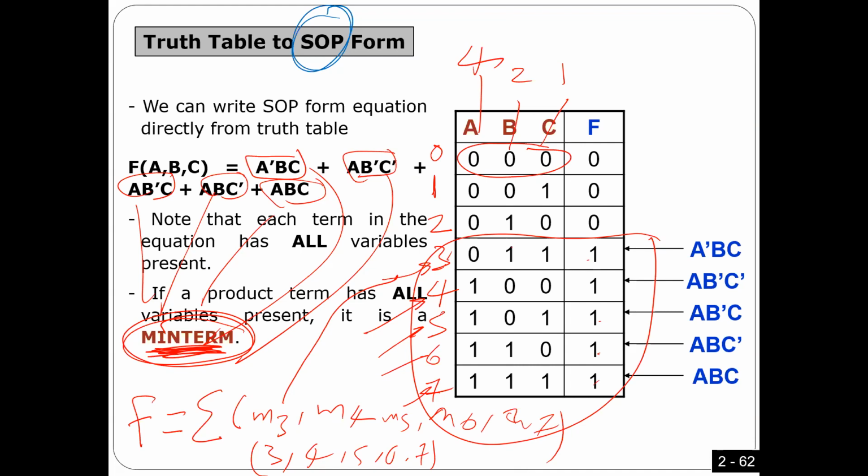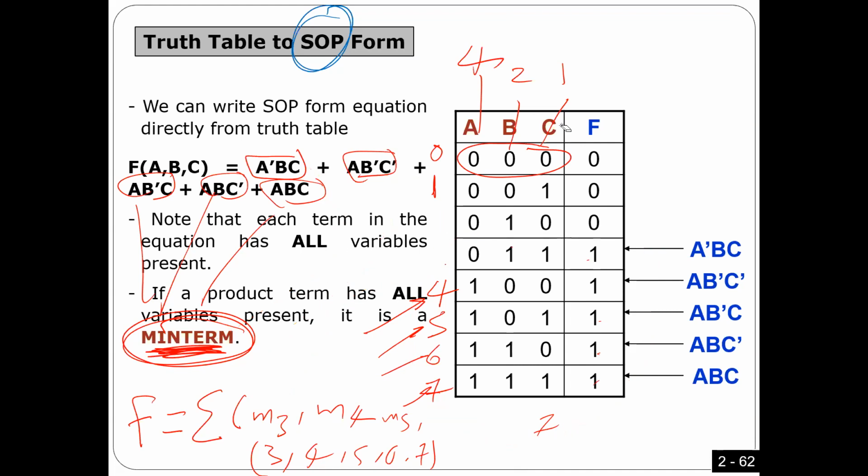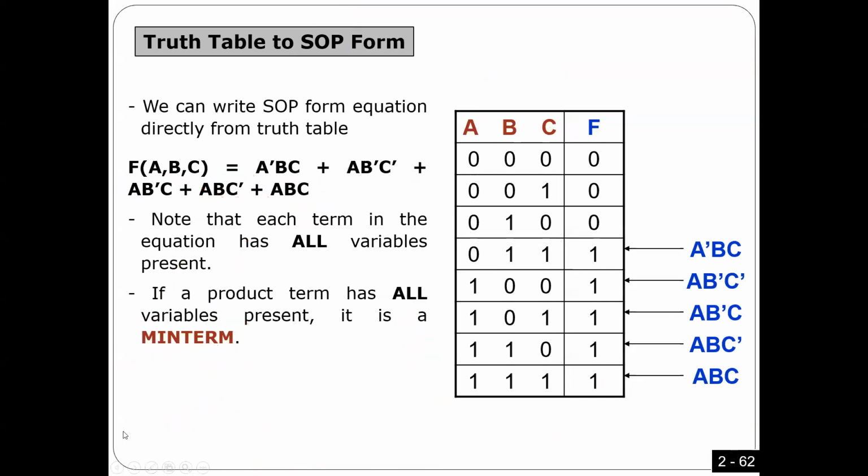So if I want to give you a function, now we have 3 ways. One way, I can give you this equation. Second way, I can give you a truth table like this one. Third way, I can tell you the location of the ones. So for this specific function, I can represent the function using min terms.